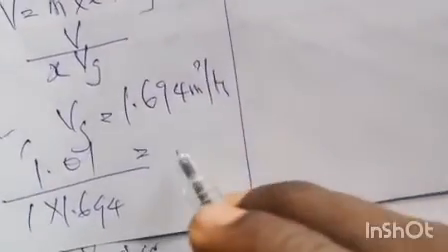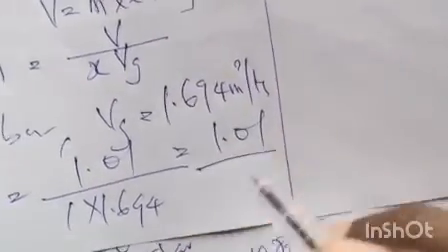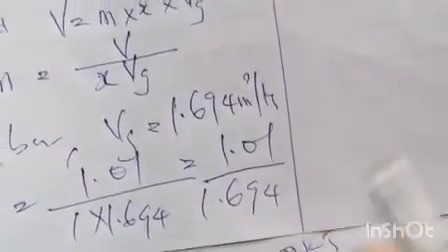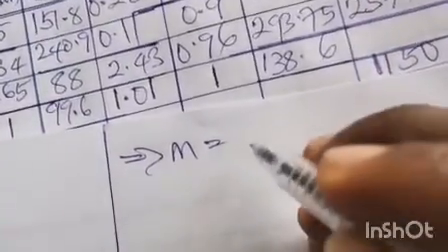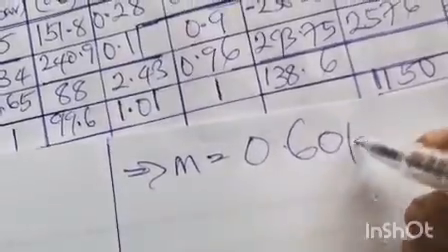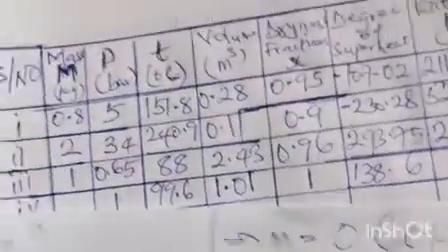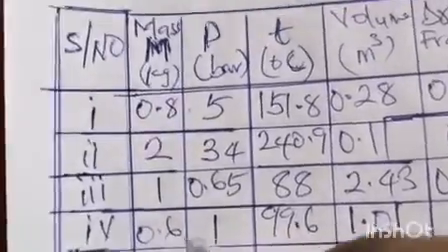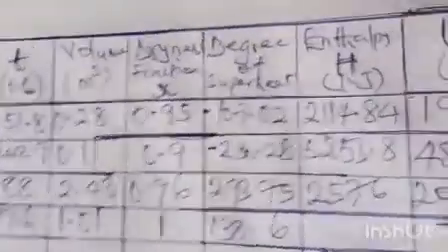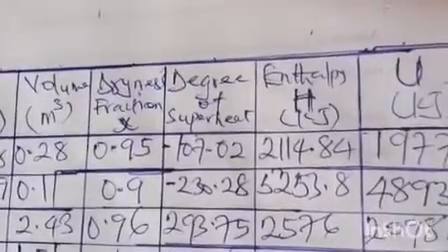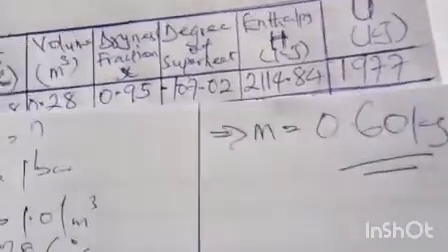So this is 1.01 divided by 1.694, and that gives us approximately 0.60 kilograms. So the mass here is 0.6. Next, we find the enthalpy and the internal energy.